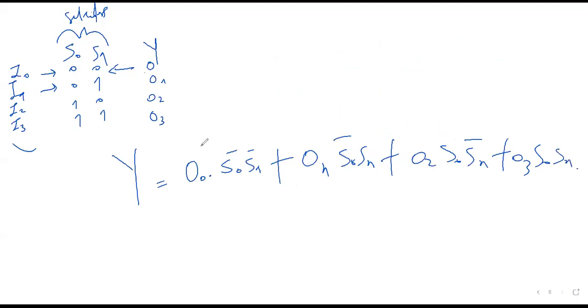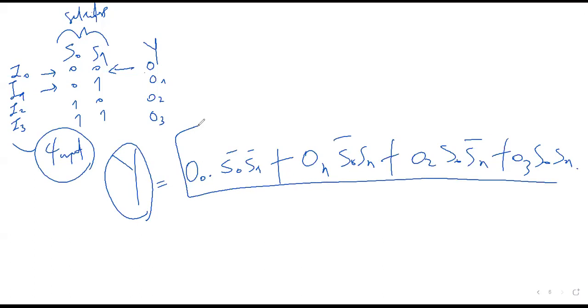So you see, even if I have 4 inputs here, my output will only be 1, which is the sum of all my inputs, a combination of all my inputs.